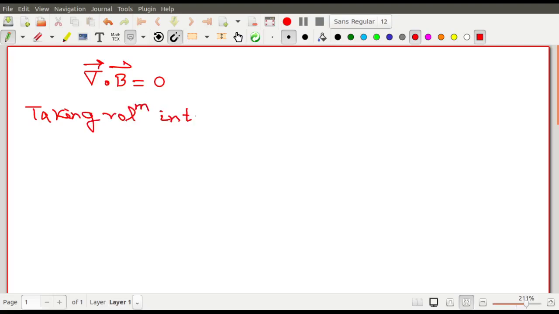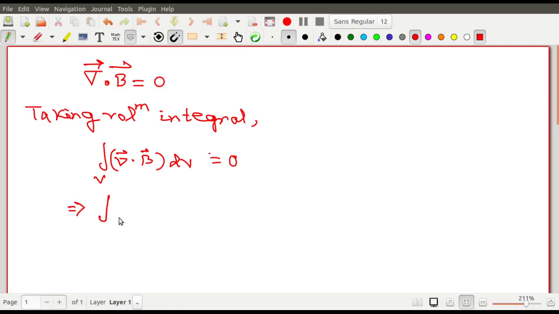So if we take a volume integral, this comes out to be the integral of divergence of B into dV, that is equal to 0 because the right hand side is already 0. Now here I am going to apply the theorem which is known as Gauss's divergence theorem. If you know it, that's fine.